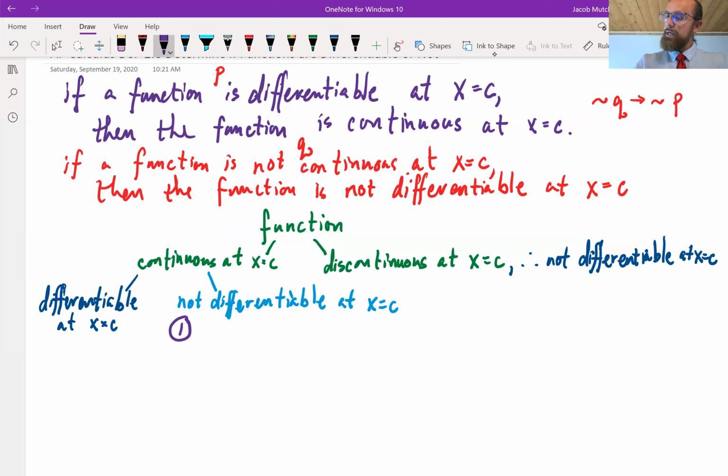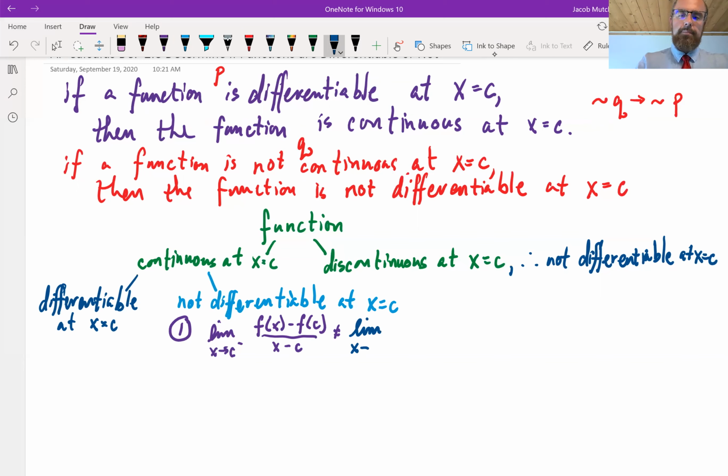So let's write that kind of in a shorthand here. So that first case would be that the limit as x approaches c from the left of the instantaneous rate of change, f of x minus f of c over x minus c, if that does not equal the limit, and we'll just switch colors here so we can note there are two separate directions.